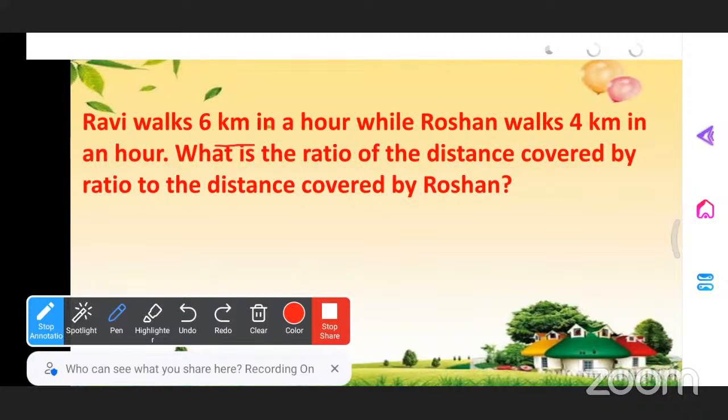What is the ratio of the distance covered by Ravi to the distance covered by Roshan? Very good, Kana. Super.